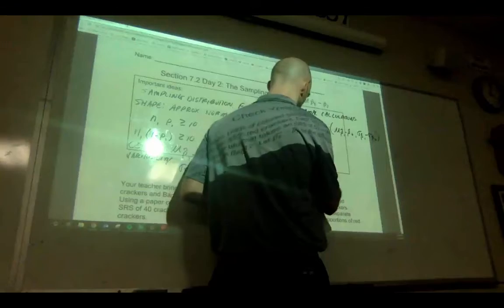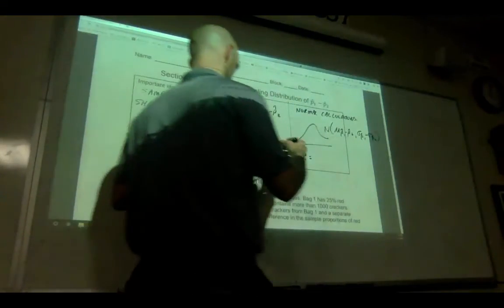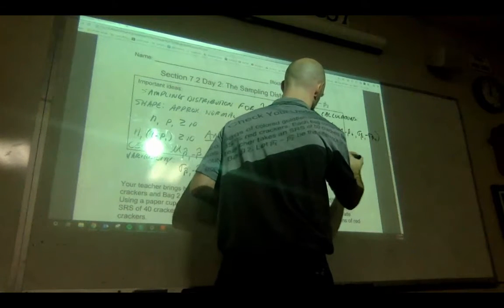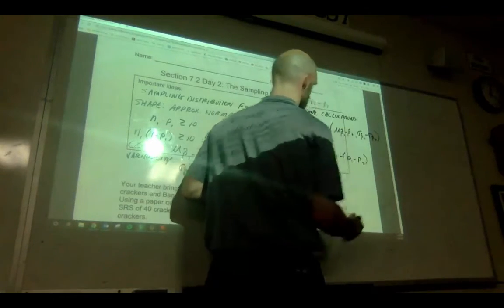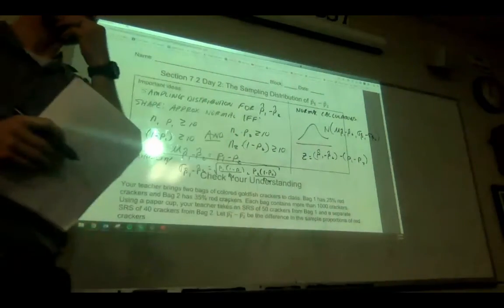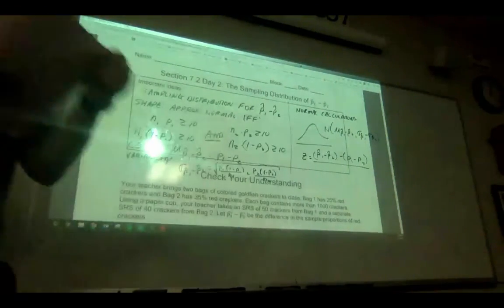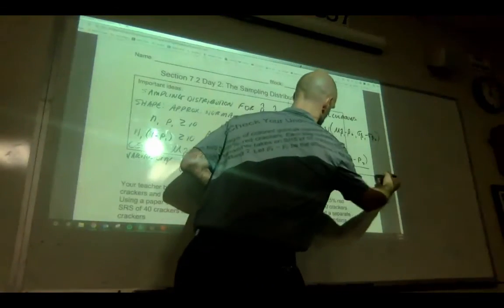And then any z-score that we calculate, which is what we just did, this is the difference in means on top, so sample minus population. And then on the bottom goes that formula for standard deviation.